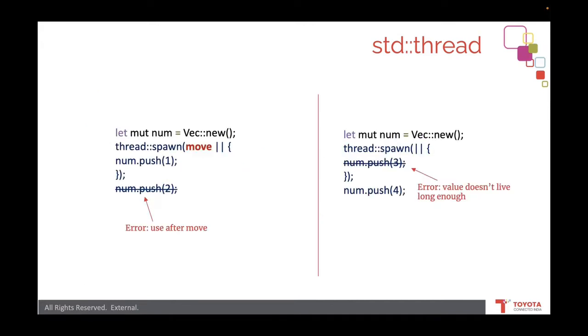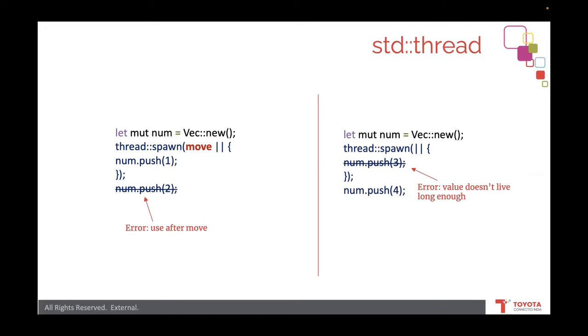In this left side example, you will see the potential of the standard thread library, where it is the actual example of the data races. So when we create a vector in a main thread, and when we spawn a thread, the child thread, the key thing here is the move keyword.